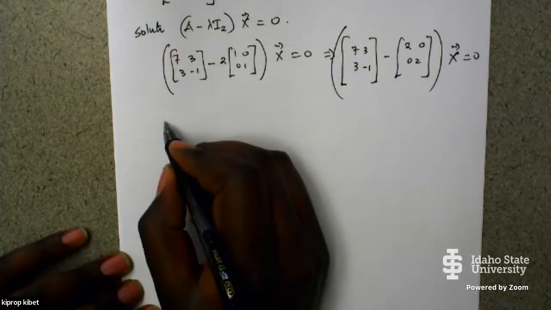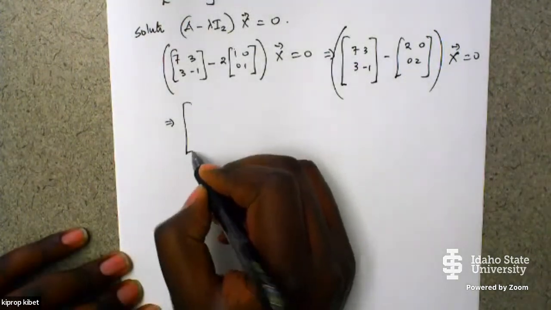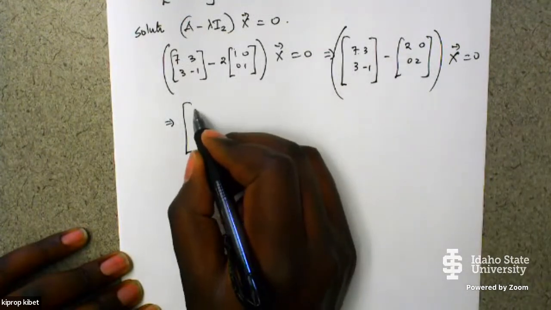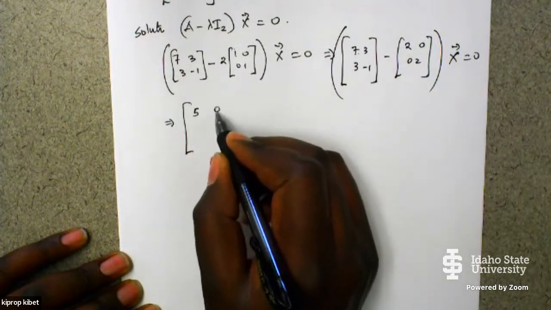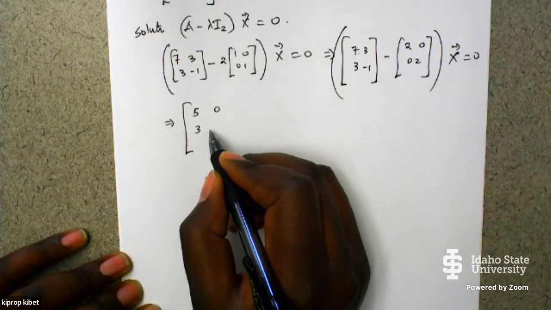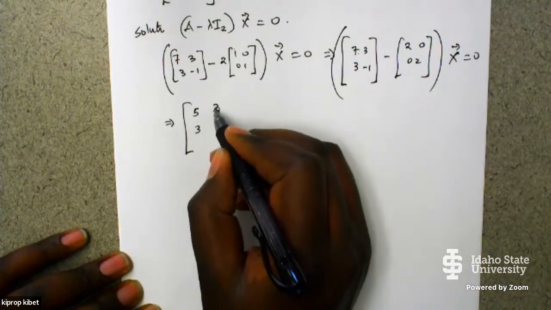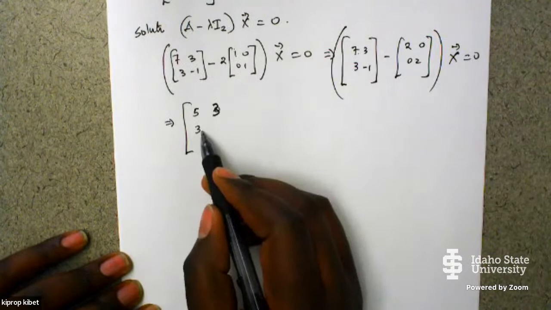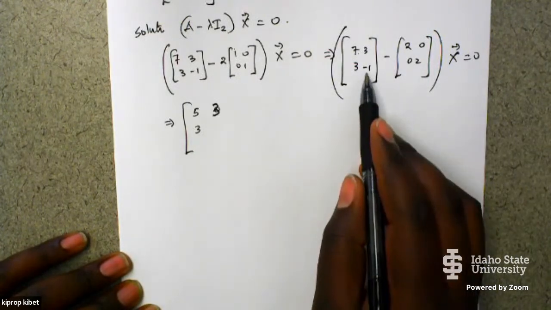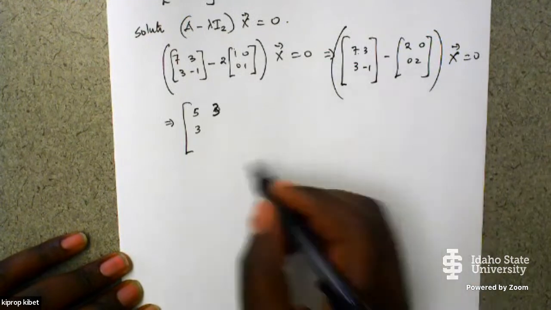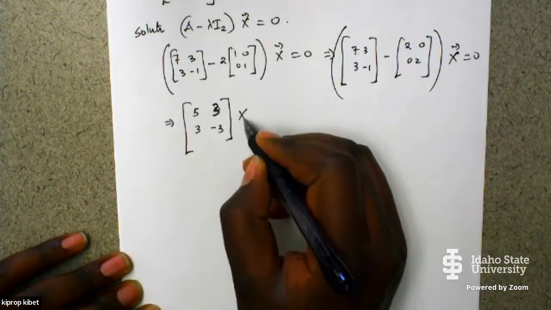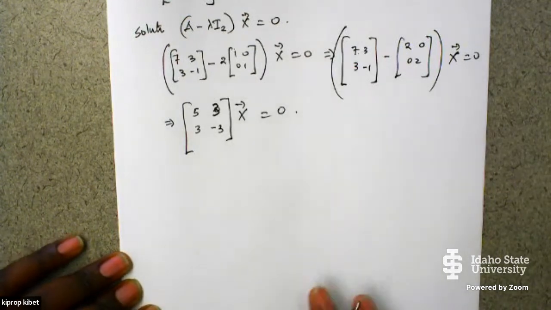When we solve this, this will give us 7 minus 2 is 5. 3 minus 0 is 3. 3 minus 0 is 3. And then minus 1 minus 2 is minus 3. And then we have our x equals 0.